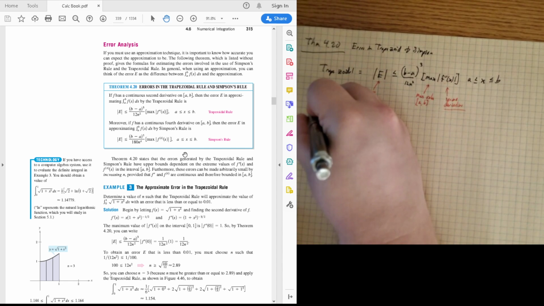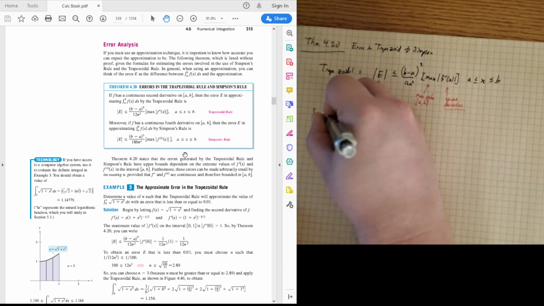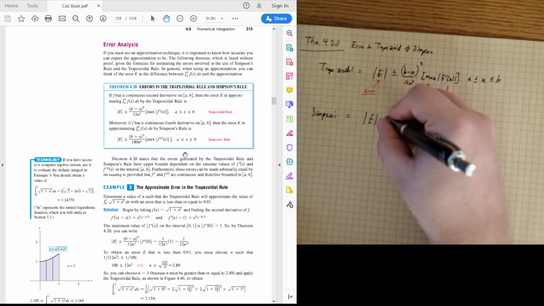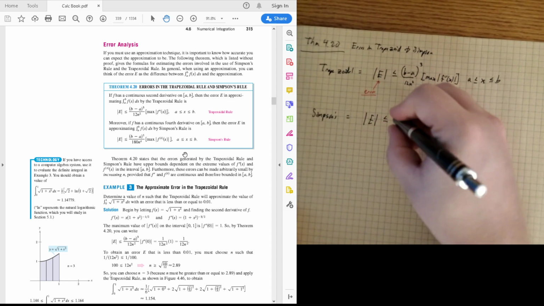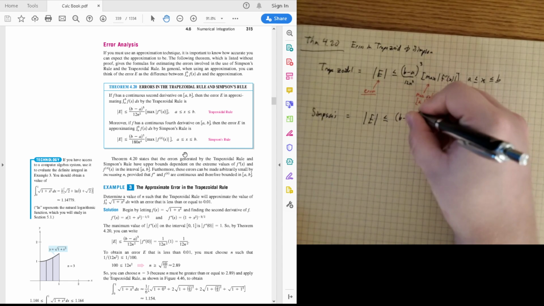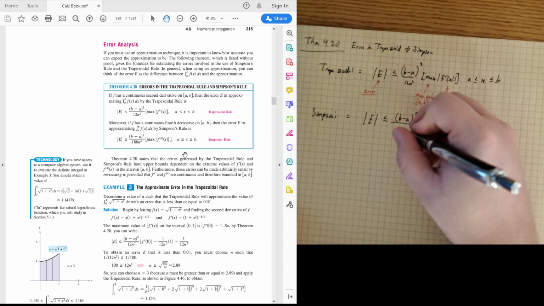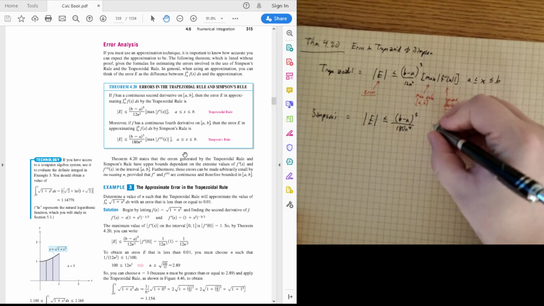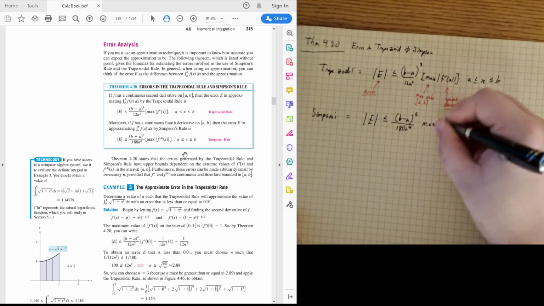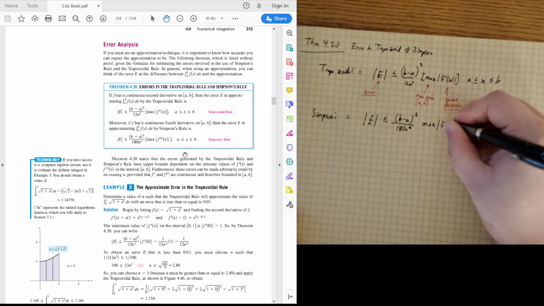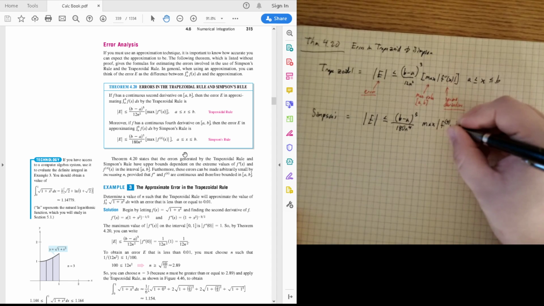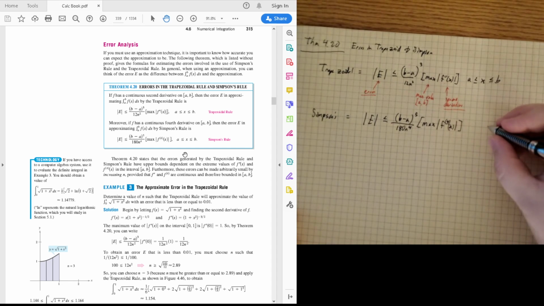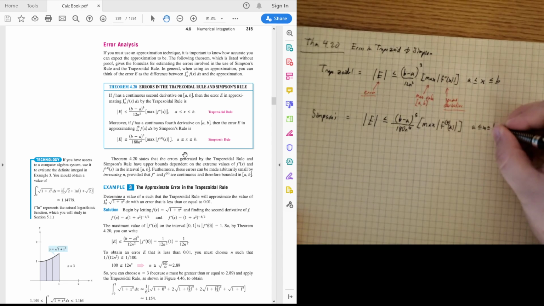Now let's look at Simpson's rule. Again, the absolute value of the error is less than or equal to (b minus a) to the 5th power over 180 n to the 4th times the max of f4 of x, when a is less than or equal to x less than or equal to b.